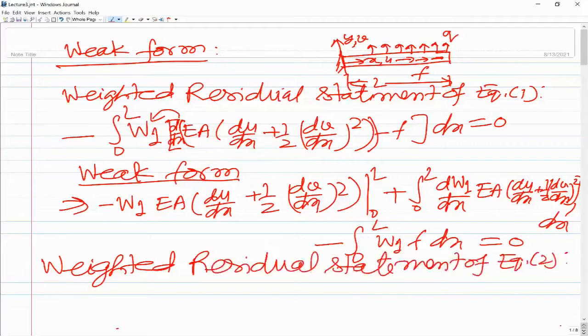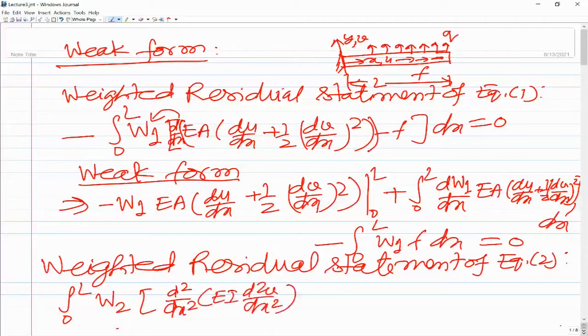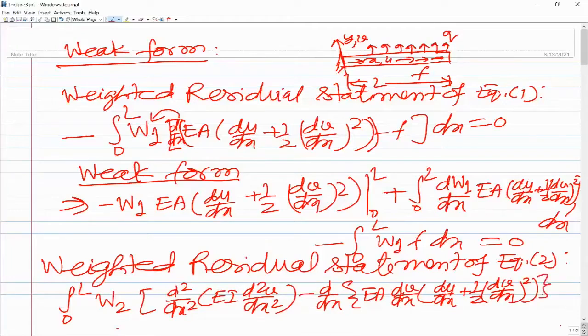So now equation 2 is the differential equation I had given you. The only thing is that we take the weight function as w2, so integration 0 to L w2, and then the equation is d2 by dx square of EI into d2v by dx square, minus d by dx of EA into dv by dx into du by dx plus half of dv by dx whole square, minus q dx is equal to 0.